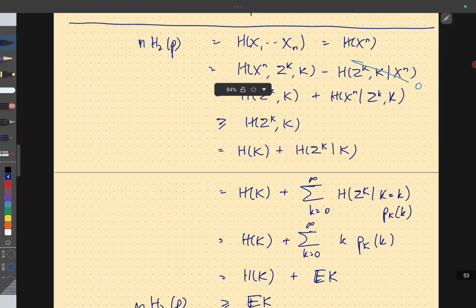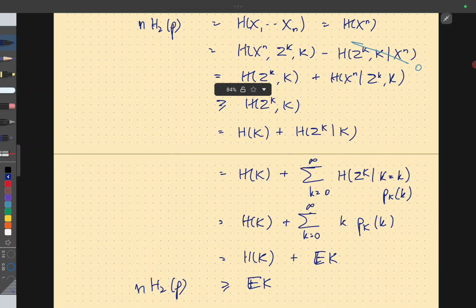In this little example that we saw, we didn't make any assumptions on what kind of compressor or what kind of functions were used, right? These inequalities hold true irrespectively of how you are mapping the X_i's to Z^k. You're allowed any particular function.